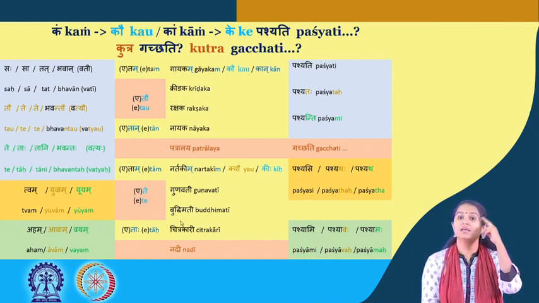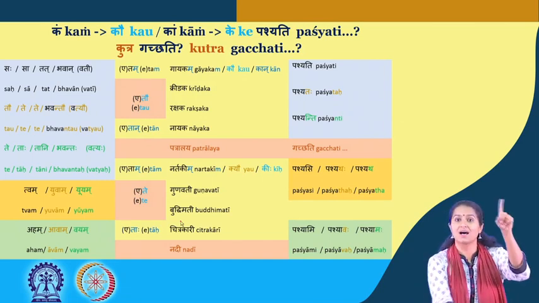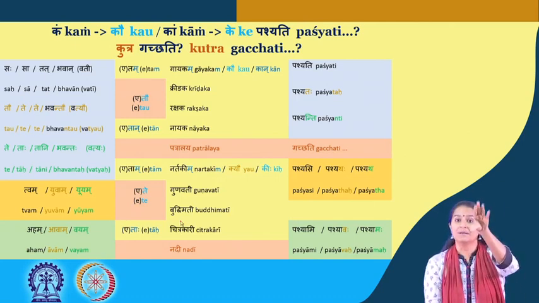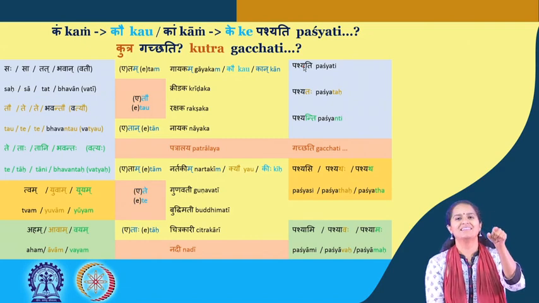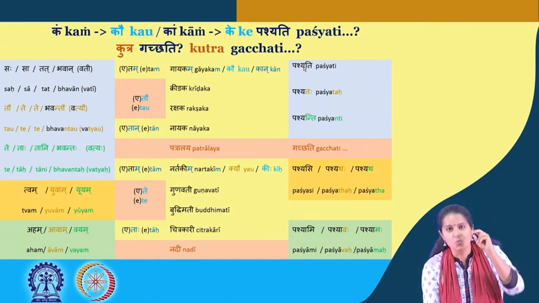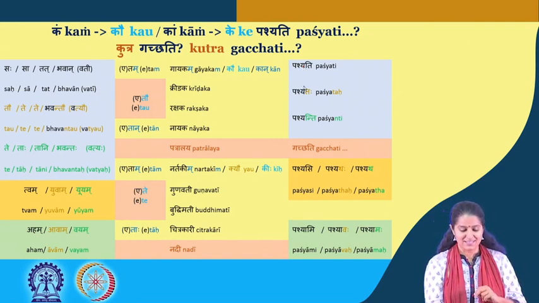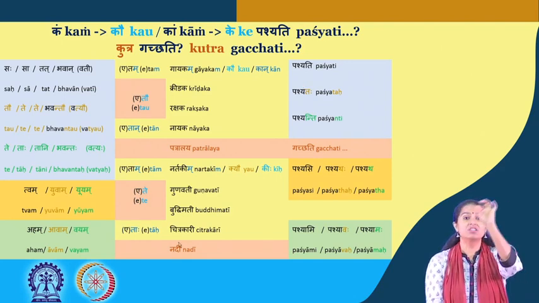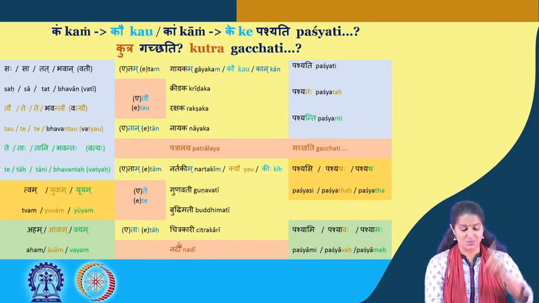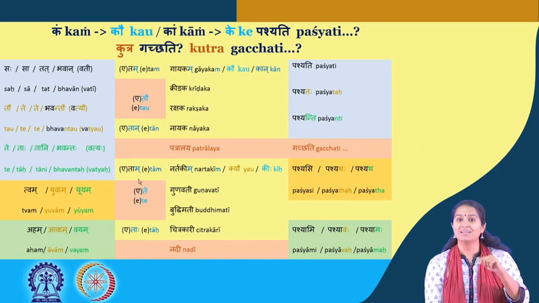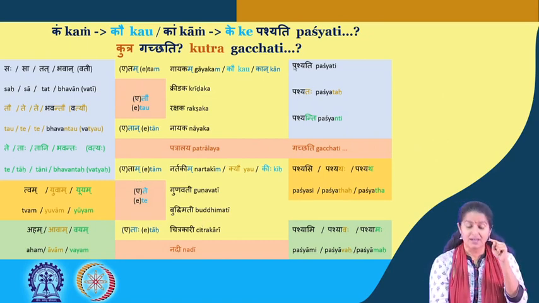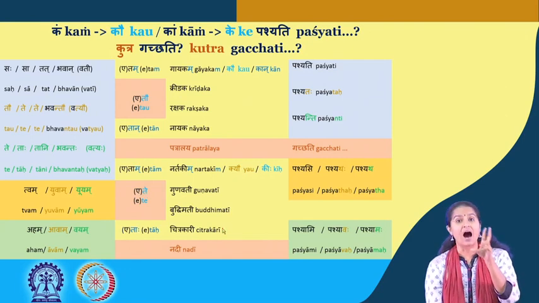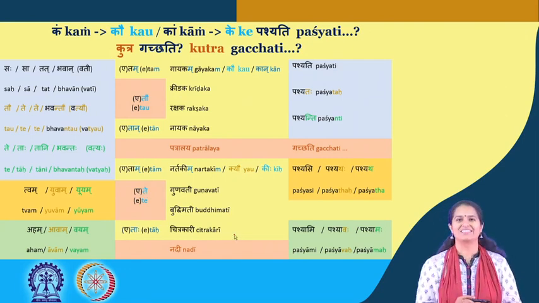Next, buddhimati, intelligent. So saha tam buddhimatim pashyati, dual, saha te buddhimatyau pashyati. And the next one, chitrakari, artist. So saha tam chitrakarim pashyati, dual, saha te chitrakaryau pashyati.